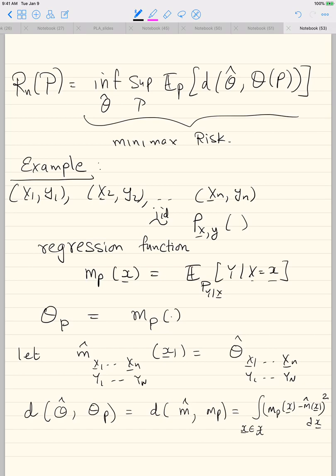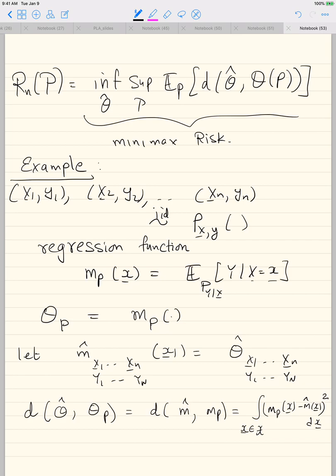So the point is my ground truth theta is some function, the regression function, the one I can compute if I know the conditional distribution. Given the samples x1 to xn, I output some regression function, and I want to see how close it is to the ground truth.